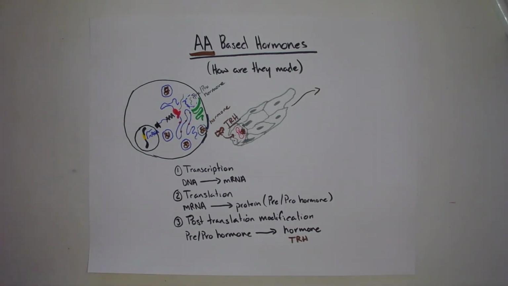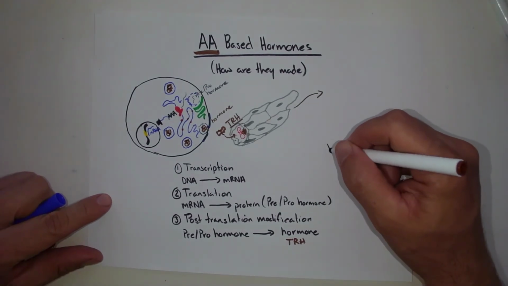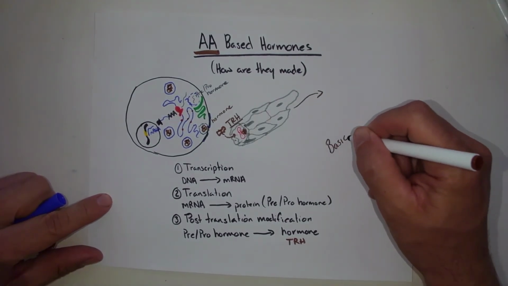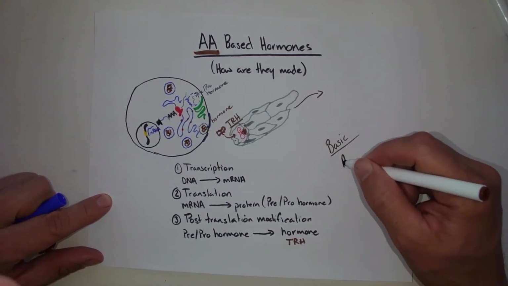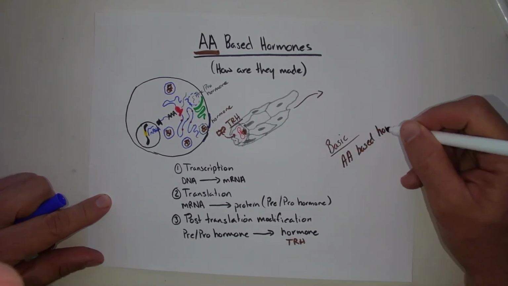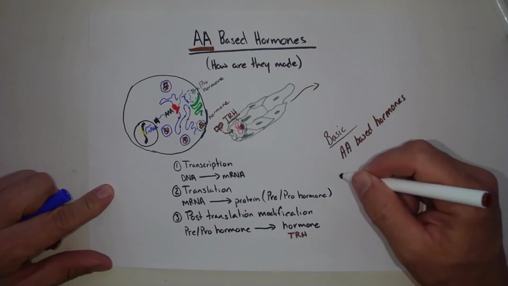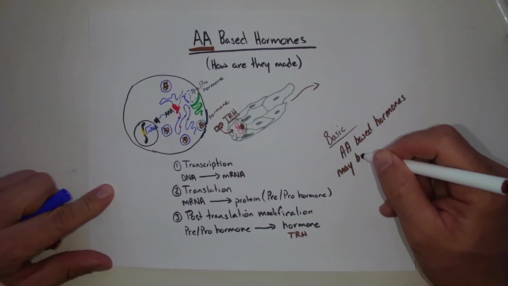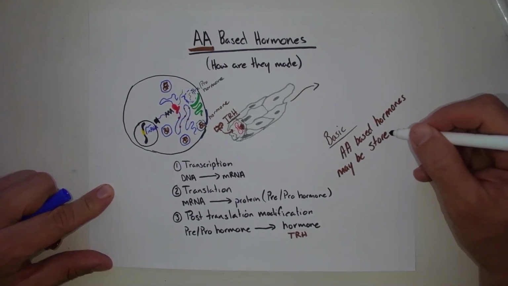So amino acid-based hormones may be stored within the cells that made them.